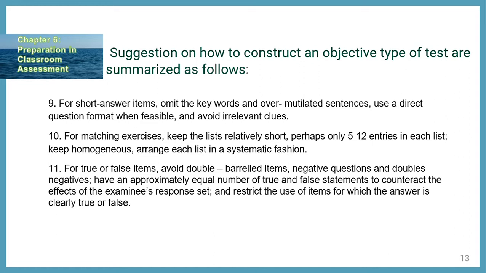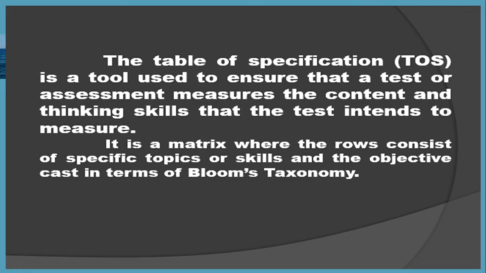So for true or false items, avoid double-barreled items and negative questions and double negatives. Have an approximately equal number of true and false statements to counteract the effects of the examinee's response set, and restrict the use of items for which the answer is clearly true or false.